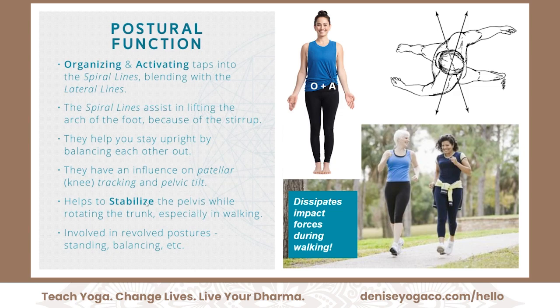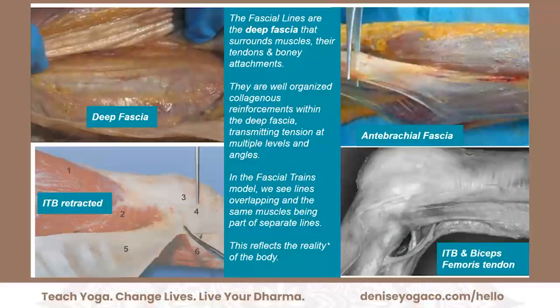And when we look at the spiral line, the IT band is very important, and that stirrup under the foot is just a little extra layer. Imbalances at the ankle, like pronation or supination, can affect the iliotibial tract. Remember, the iliotibial tract here is a real tissue structure.